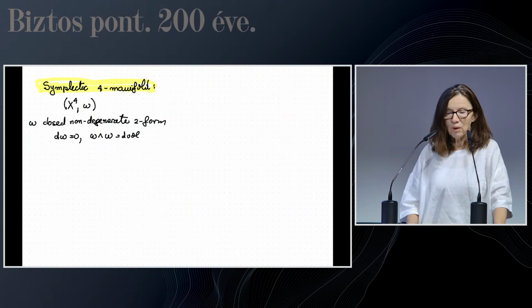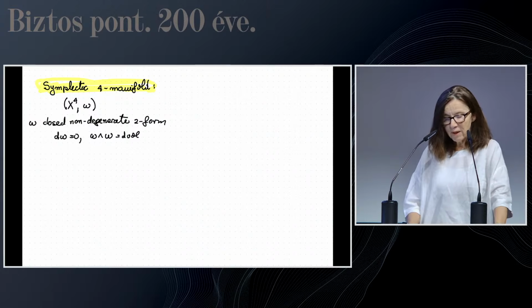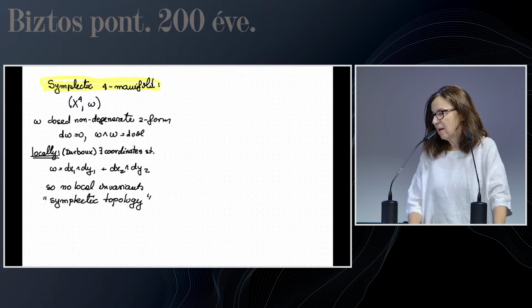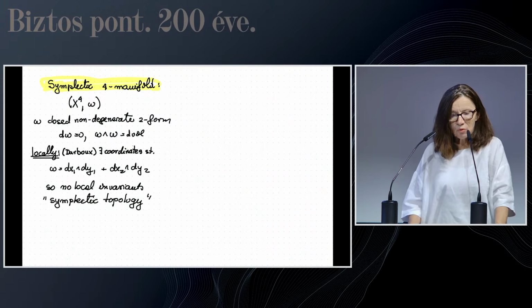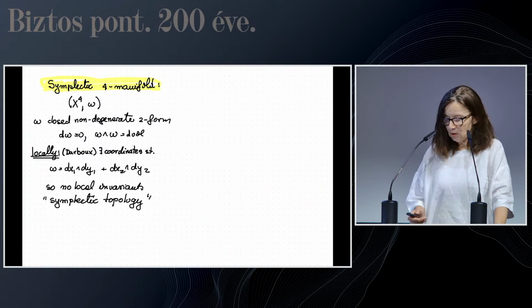We start with the symplectic 4-manifold, which is a 4-manifold equipped with a closed non-degenerate 2-form. There is a Darboux theorem that says that locally we always have coordinates so that omega looks like this, so there are no local invariants, so we often talk about symplectic topology rather than symplectic geometry for that reason.